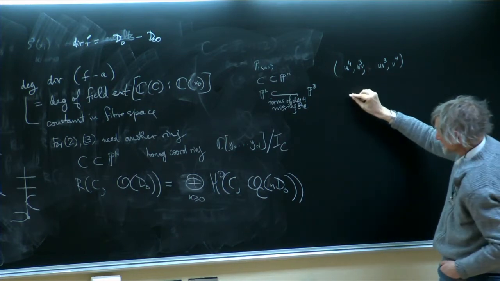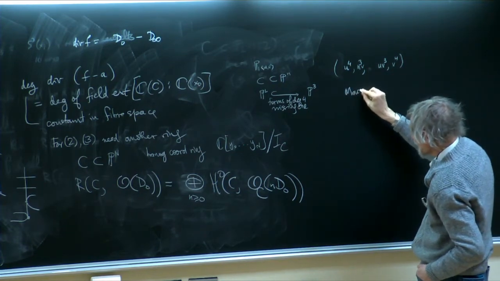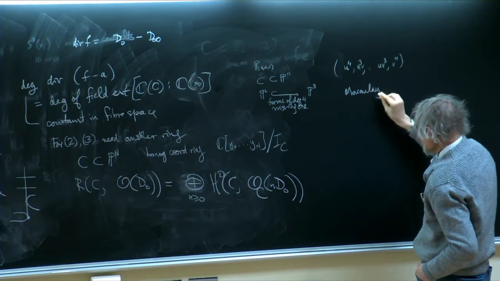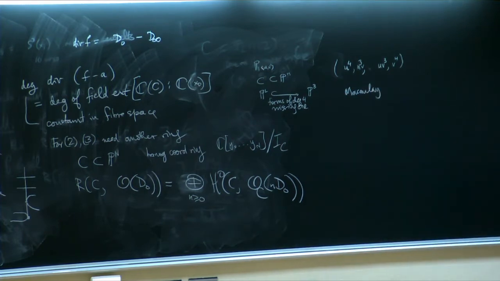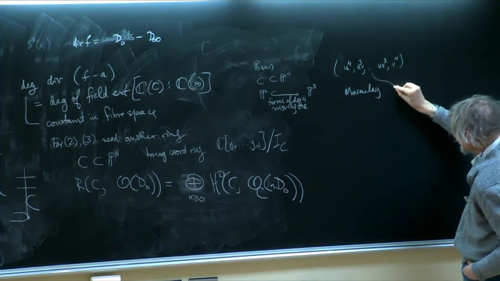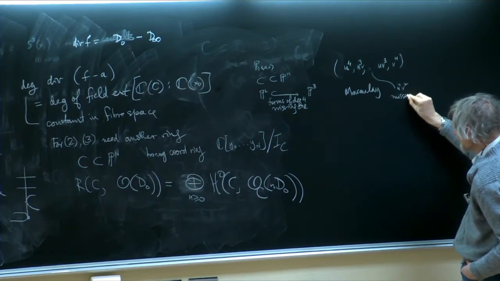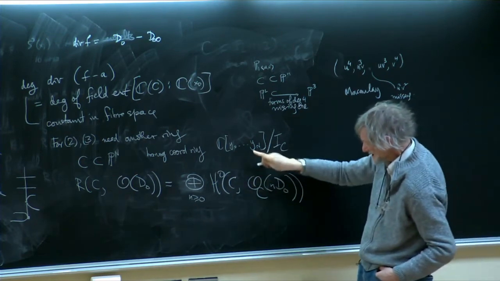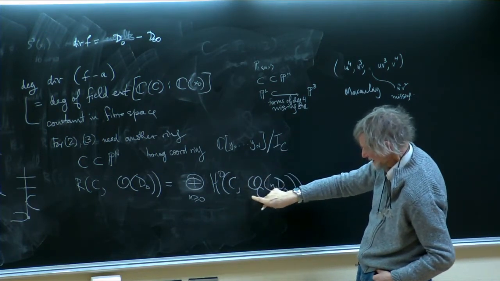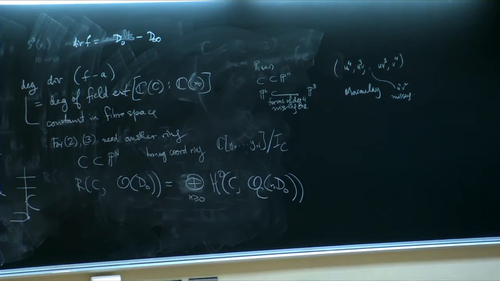So this is a famous example due to Macaulay, or a famous counterexample. This is a counterexample to almost everything. The fact that U squared V squared is missing means that this ring here is strictly smaller than this ring. This is a curve of degree 4, isomorphic to P1.